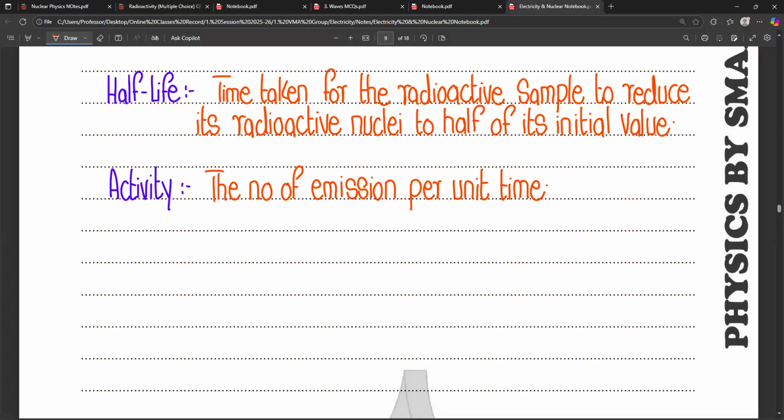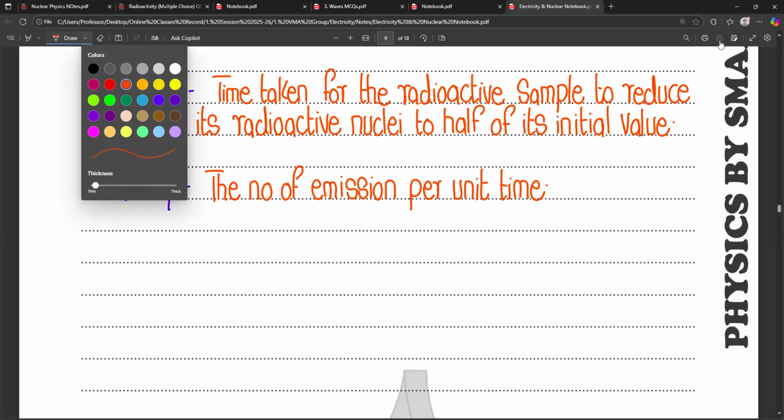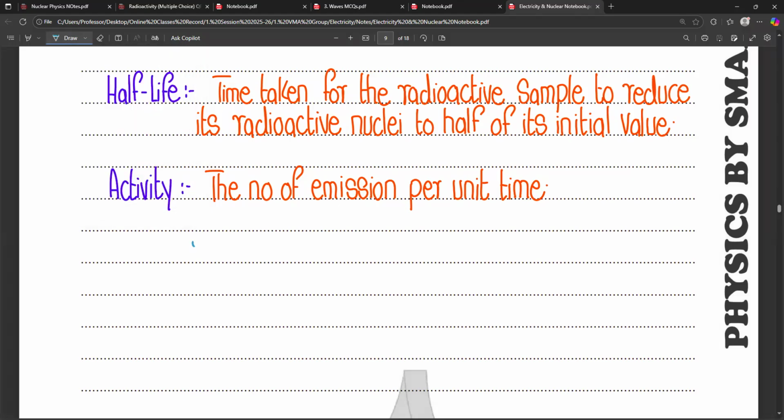Okay, and the method of counting this half-life is very simple. Let's suppose something is starting from 200. We know that if we divide it by 2, it converts into half of its original value.